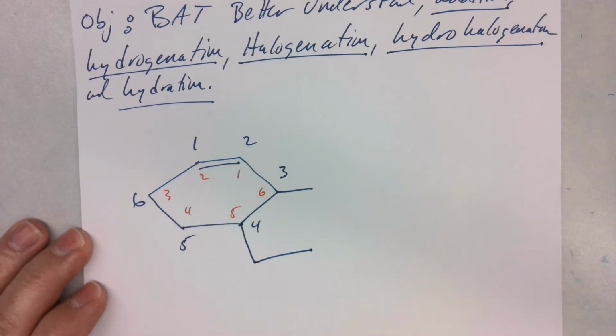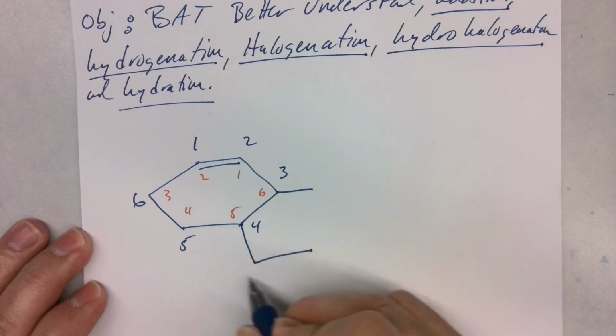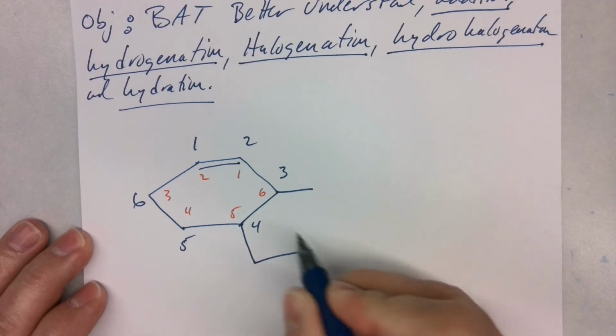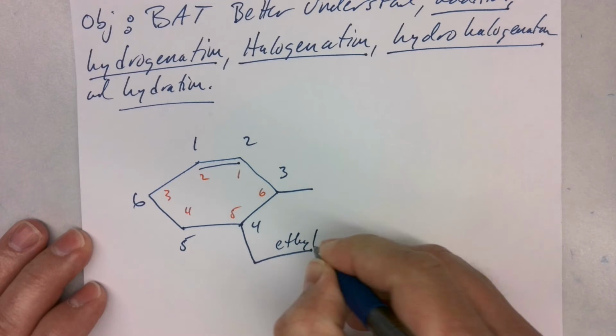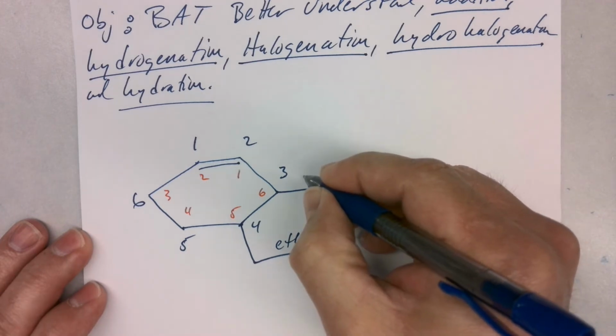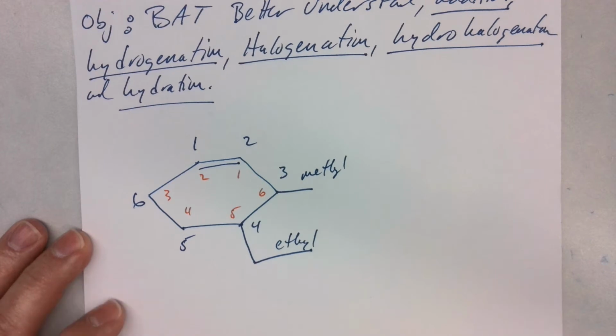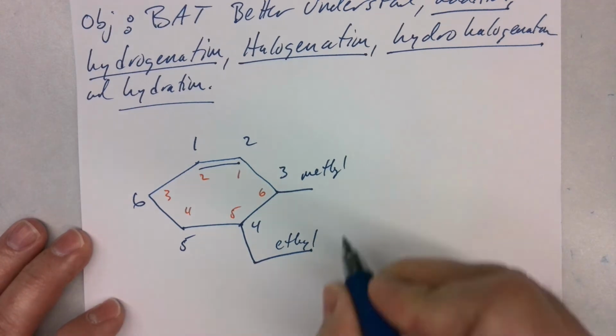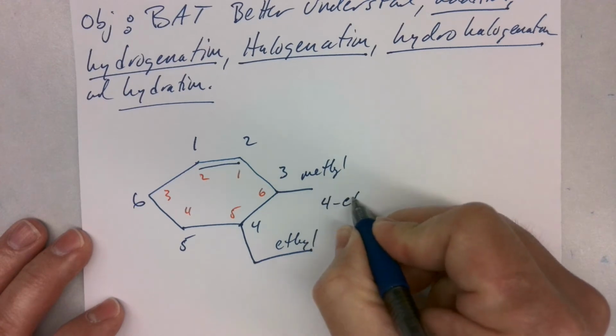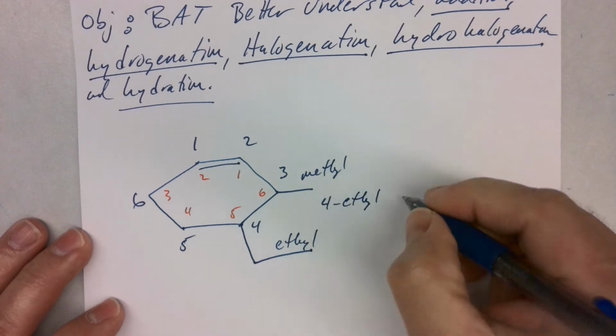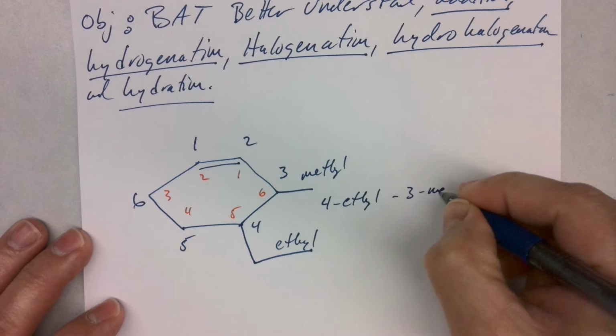And this will become, well, first off, what is this branch? That's an ethyl, right? This is a methyl. Which one's going to come first? The ethyl, because it's alphabetized. I'm going to write 4-ethyl, dash, 3-methyl.